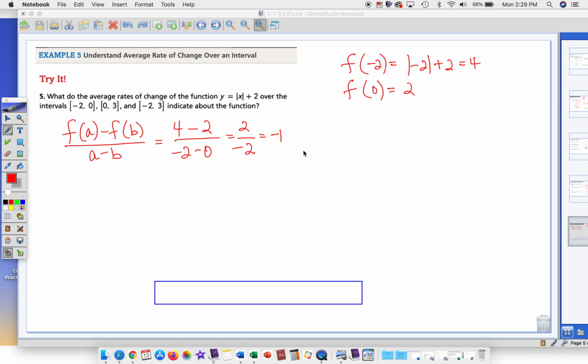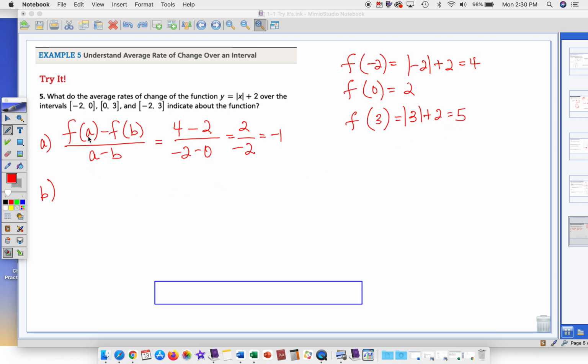For the next interval, I have f of 0. This time we'll call this a, b, and c. So for b, I'm using the interval from 0 to 3. I've already calculated f of 0, that's not going to change. I do need to calculate f of 3, and the absolute value of 3 is 3, plus 2 gives me 5.